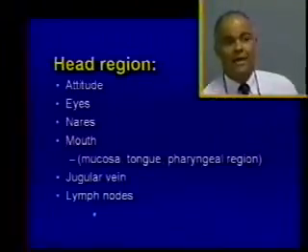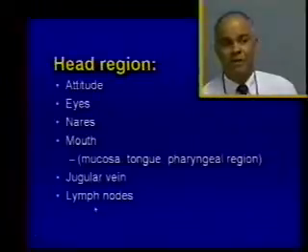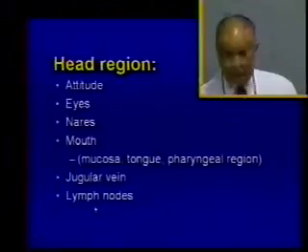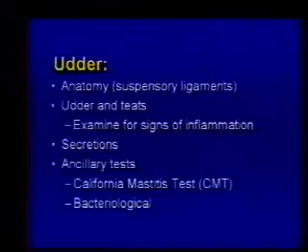And then, of course, we want to examine the lymph nodes, the submandibular lymph nodes and the deep retropharyngeal lymph nodes. With the udder, we want to examine the anatomy of the udder, the suspensory ligaments. Remember that the udder is divided into two halves, and each half has a quarter, so there's 4 quarters, and of course 4 teats.